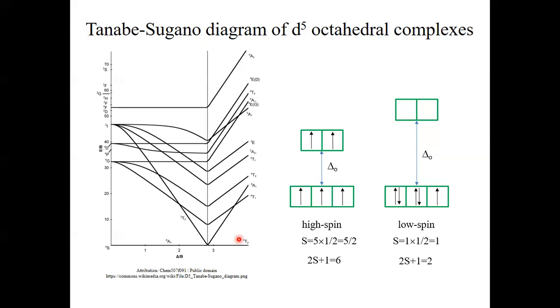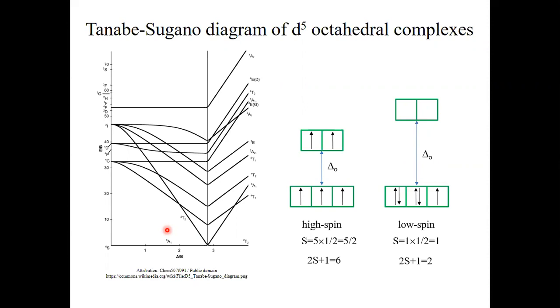All right, so now what electron transitions are allowed? Let's first look at the high spin complex. Can any one of you tell me how many electron transitions are being allowed for a high spin complex from the ground state? Zero.